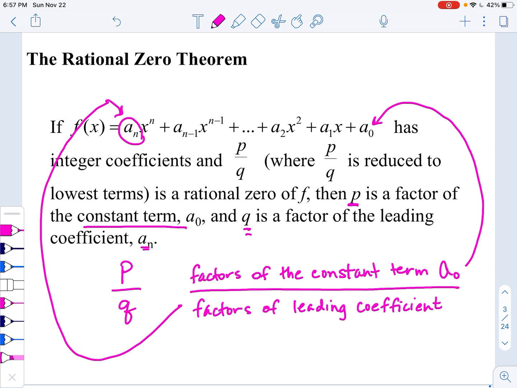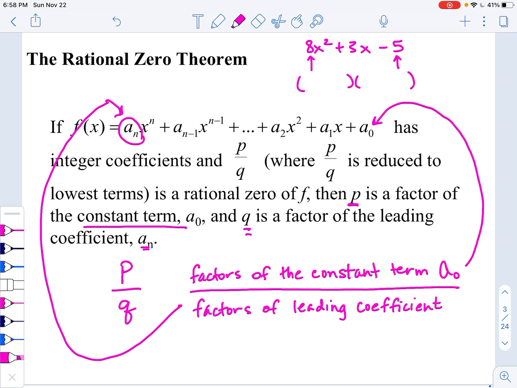If you remember all the way back to algebra 1, you would have had something like 8x squared plus 3x minus 5, and you would have looked for all your factors of 8 and all your factors of 5 to try to figure out if you could factor it. Well, we're still doing kind of the same thing.